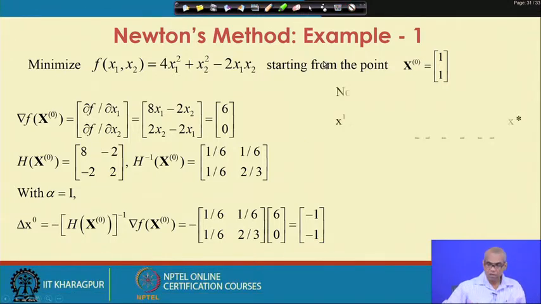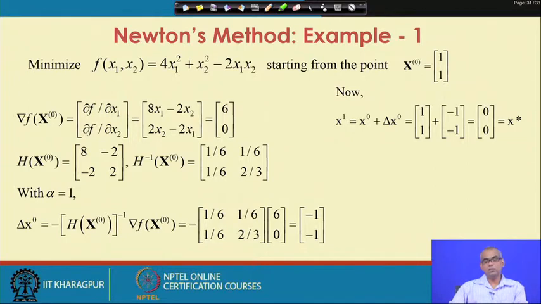Then x 1 equals x 0 plus delta x 0, because delta x 0 is nothing but x 1 minus x 0. So, x 1 equals x 0 plus delta x 0, which is nothing but 0 0. 0 0 is the optimal point of the given quadratic function, and you see we also get convergence in one iteration.